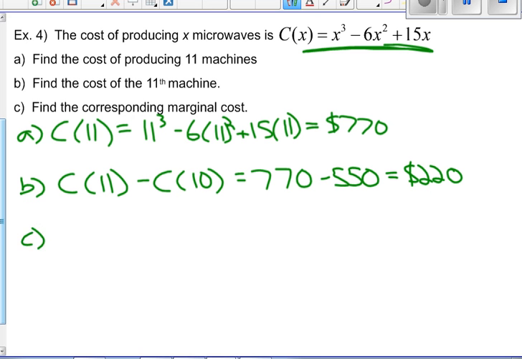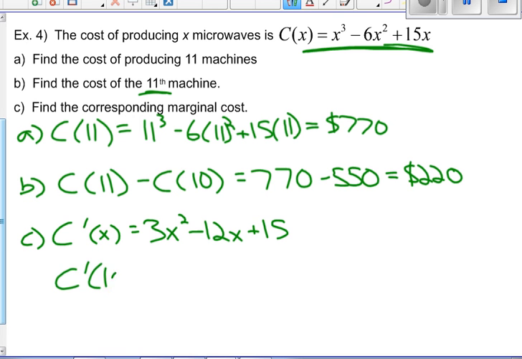The corresponding marginal cost is this. First of all, we need the marginal cost function. So that's just the first derivative. And to estimate the cost of the 11th machine, I do C prime of 10.